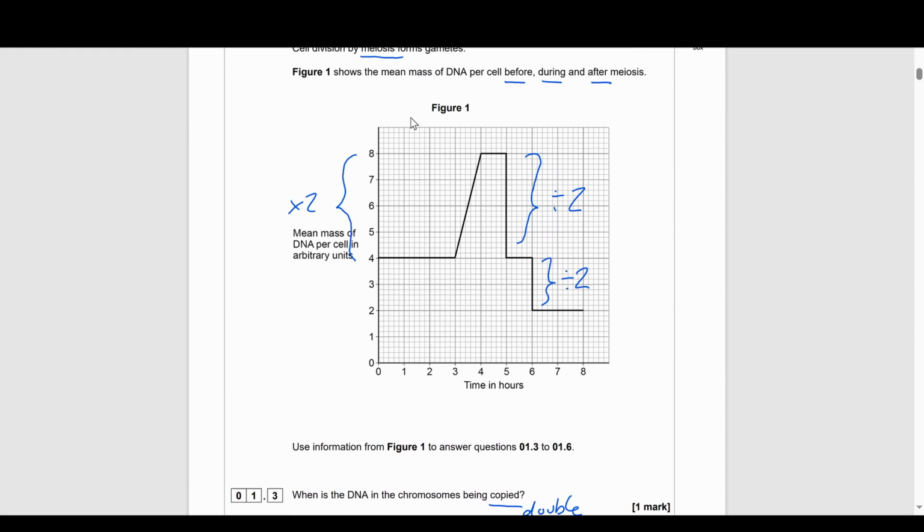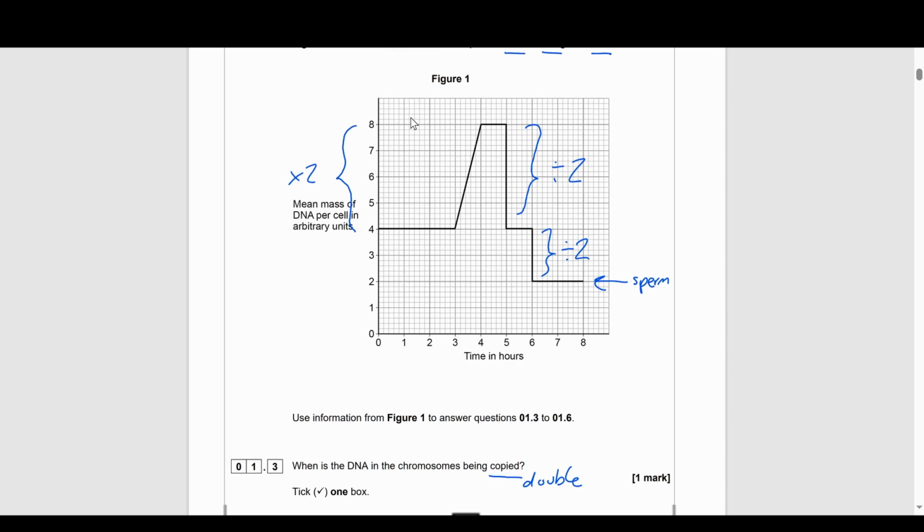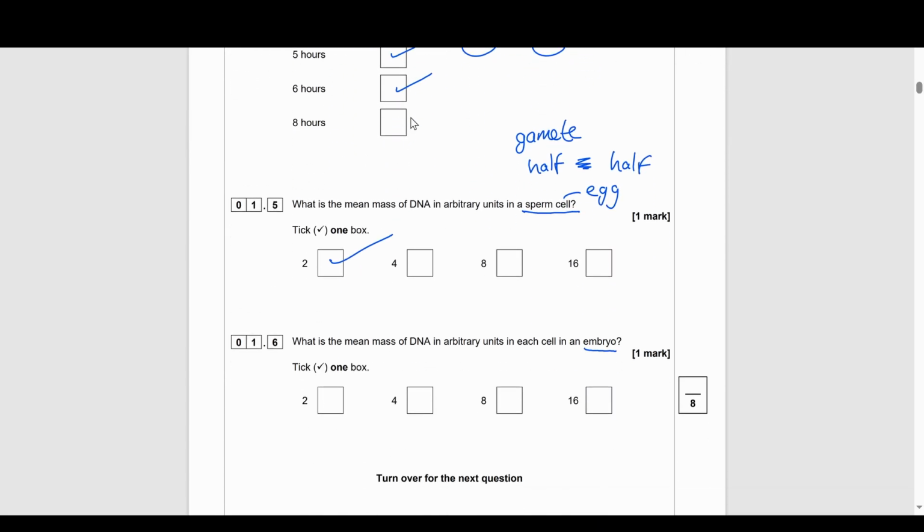If we remember, our gamete was supposed to have a mass of 2. So here was our sperm, and also our egg would be the same. When those 2 come together, it will be doubled, so it will be 4. So we should expect our mass of DNA in our embryo to be 4 arbitrary units.